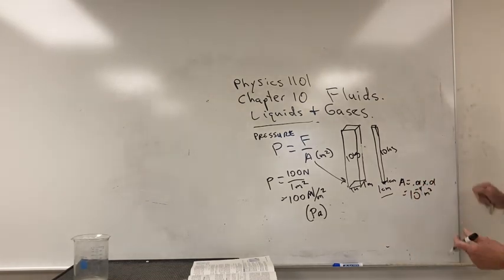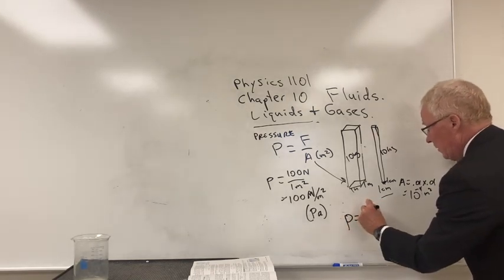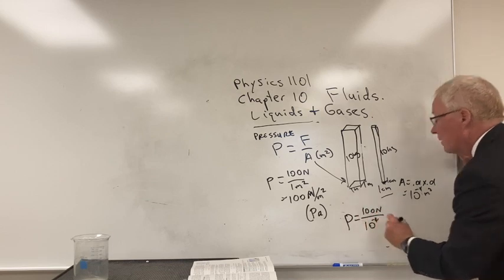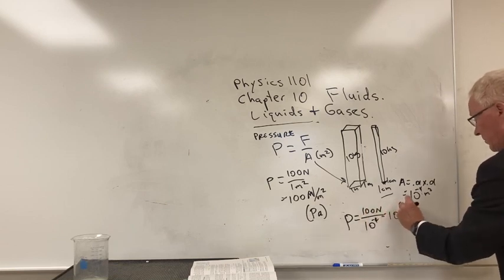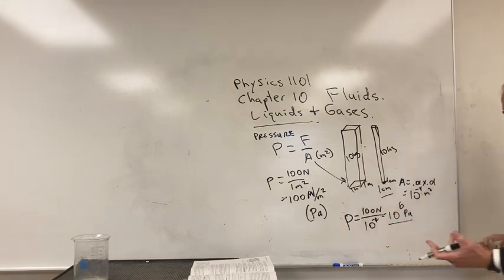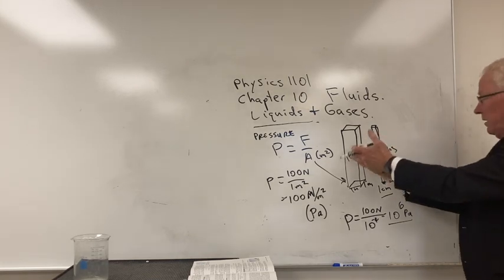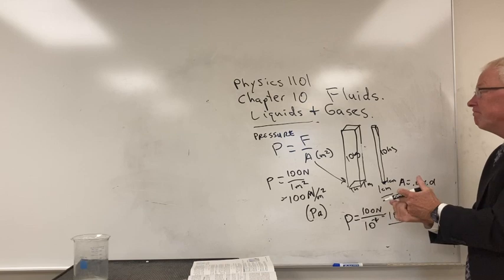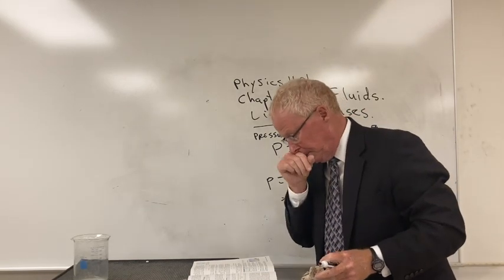Therefore, the pressure in that case will be still 100 newtons divided by 10 to the minus 4th, which would then be 10 to the 6th pascals, which is a very high pressure. So if we have the same weight over a much smaller area, we have a much greater pressure. So that's the concept there as far as that's concerned. Okay.